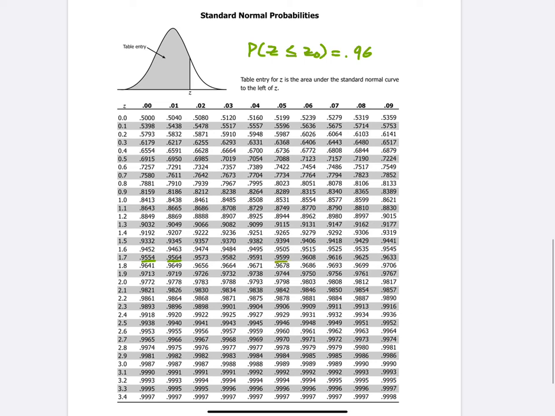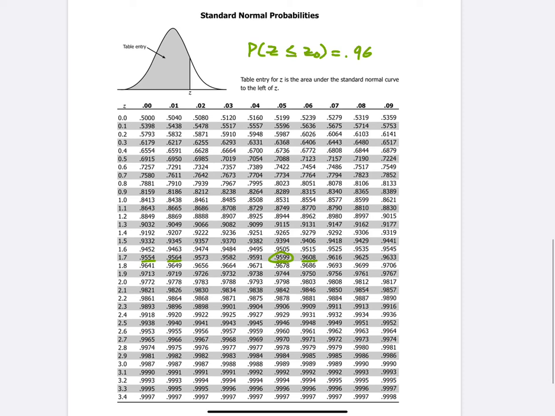Then the next entry is 0.9608. So 0.96 is not technically in the table. If that's the case, we go to the next closest thing, and the next closest thing to 0.96 is 0.9599. So we know that this is the value that we want.